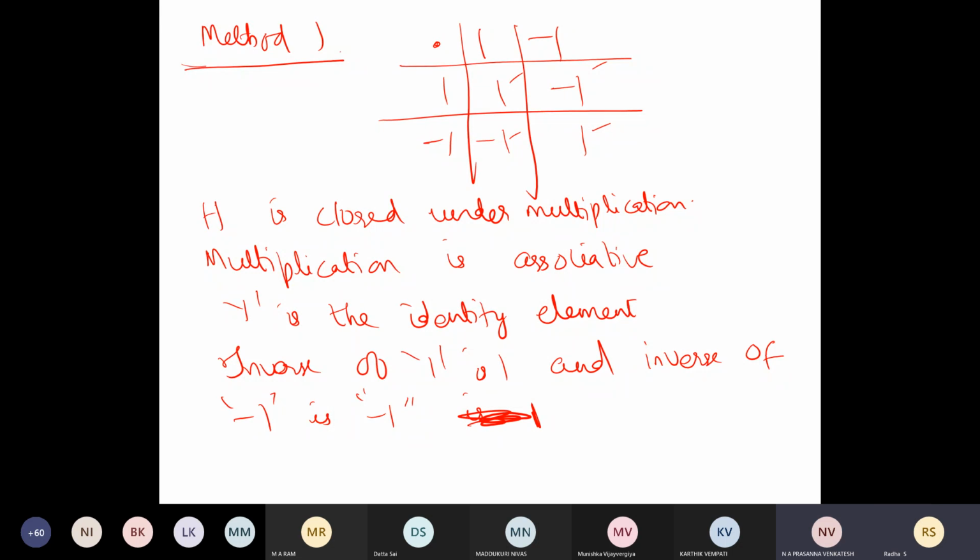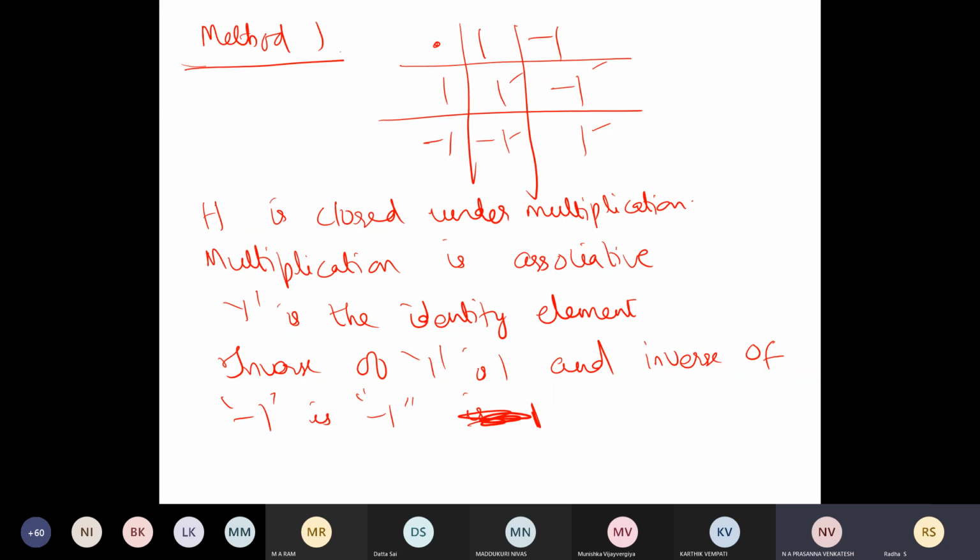Clear? See, -1 into -1 only you are getting 1. See, I told you once, whenever a group has an even number of elements, at least 2 elements have inverses that are themselves. Clear? Hello? Yes, ma'am. So now you got this method?